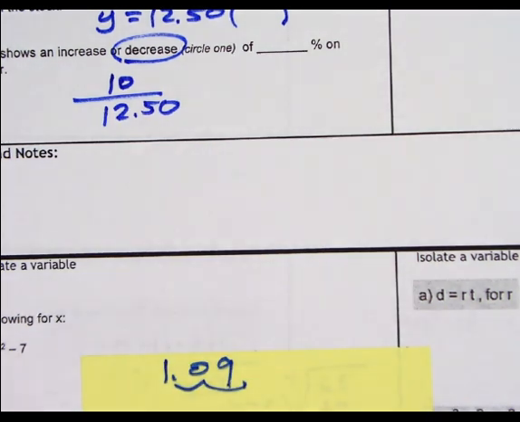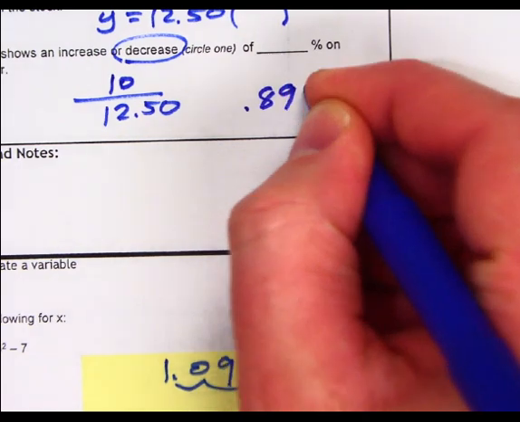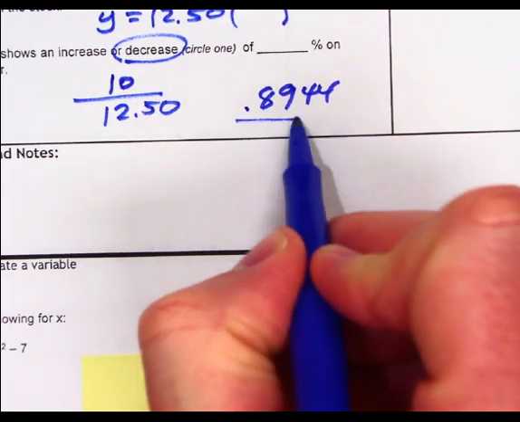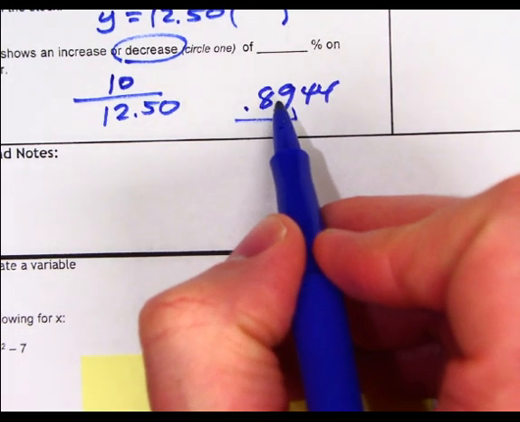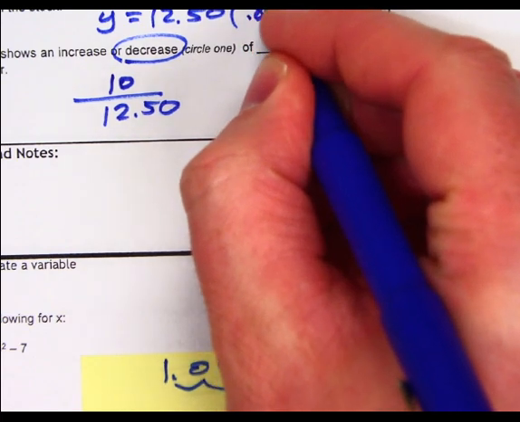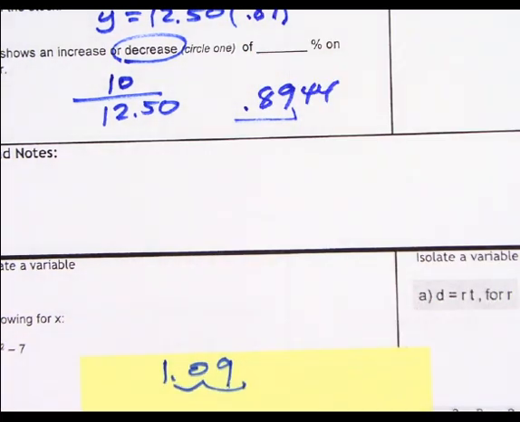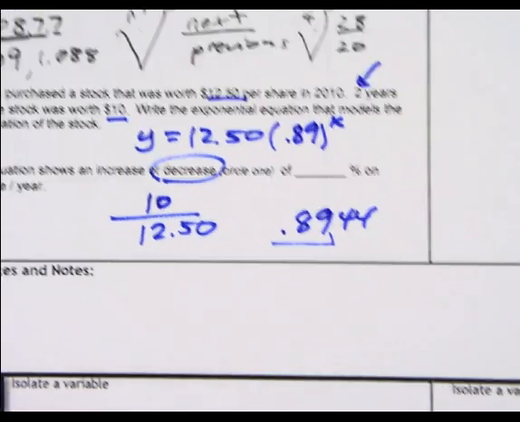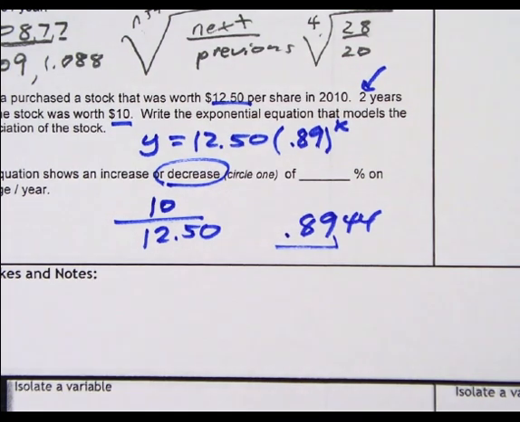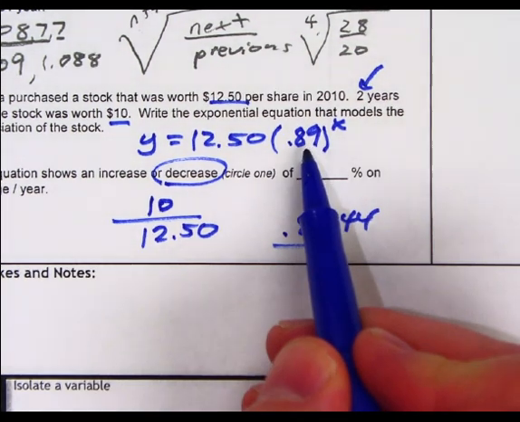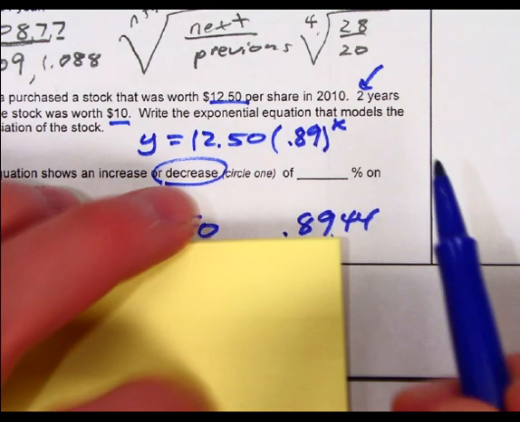And depending upon how your teacher wants you to round it, to 2 decimal places or 3 or whatever, if I go 2 decimal places, that's a 4, so it's going to keep it. So my multiplier was 0.89, and how far away is 0.89 from 1 or 100%? Well, 0.89 is like having 89%, because if I move that over 2 places, that's 89%.